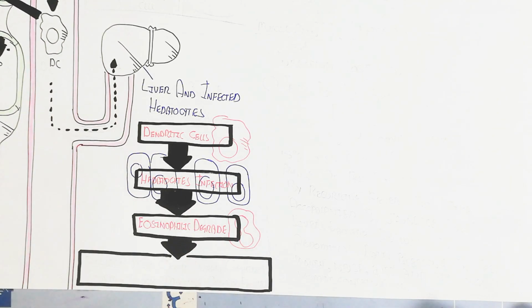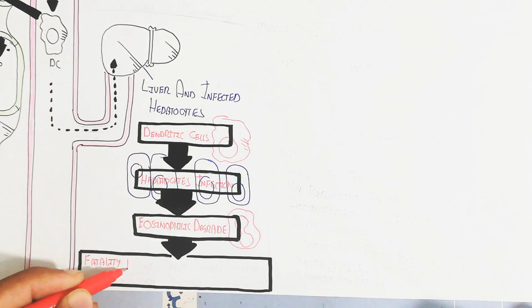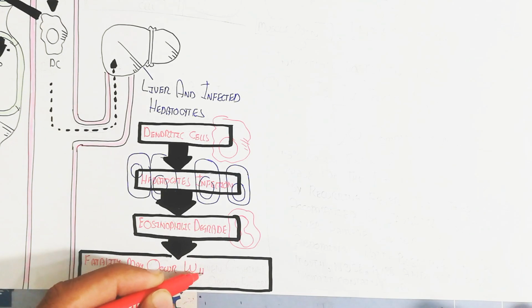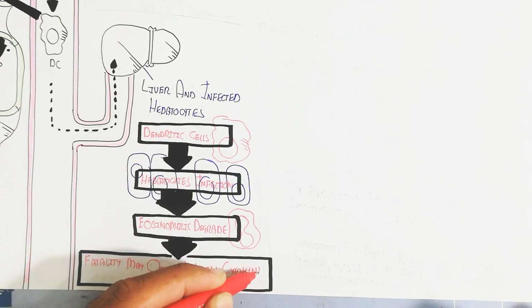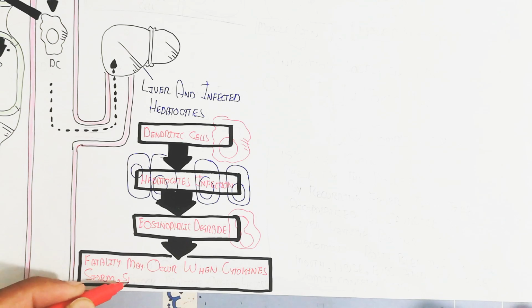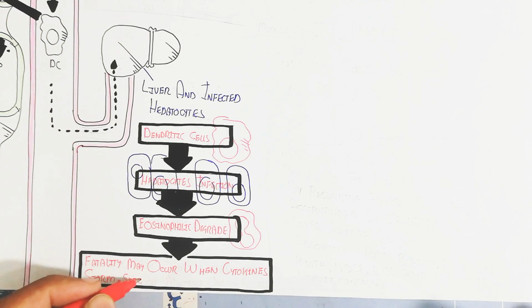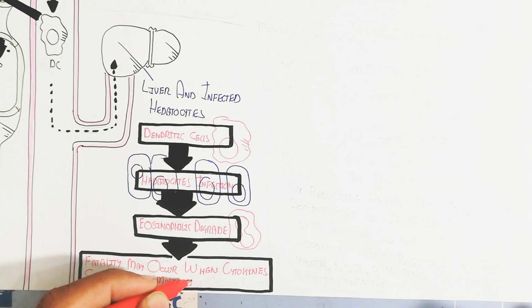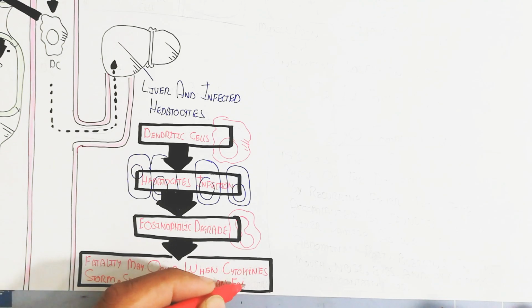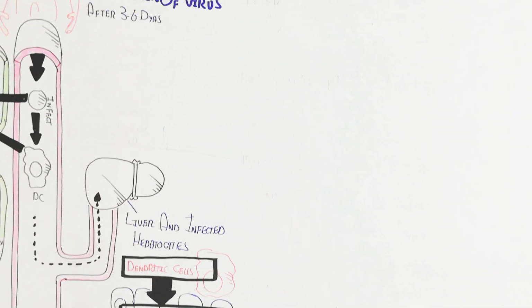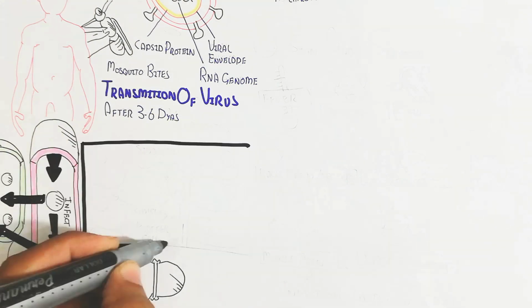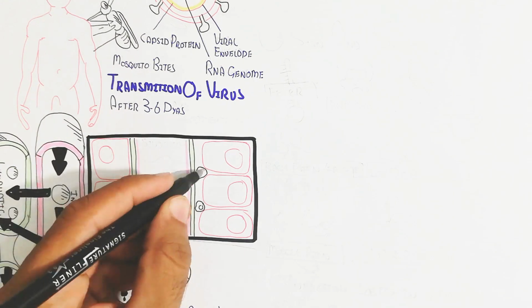So how is it possible? Let's begin with the bigger picture of the liver, containing the sinusoid, inside which is the Kupffer cell, while the hepatocytes are also present, and the hepatic stellate cell is present, which is inflamed by the infection of this virus.